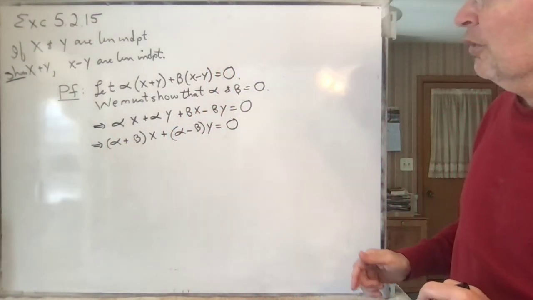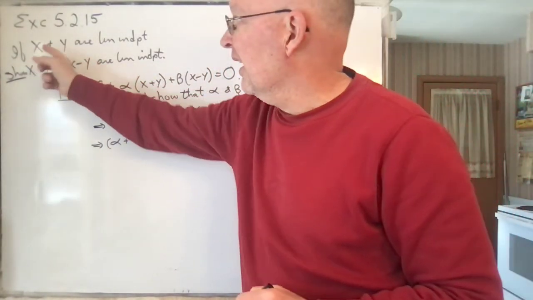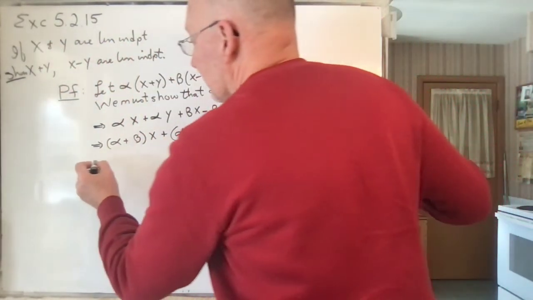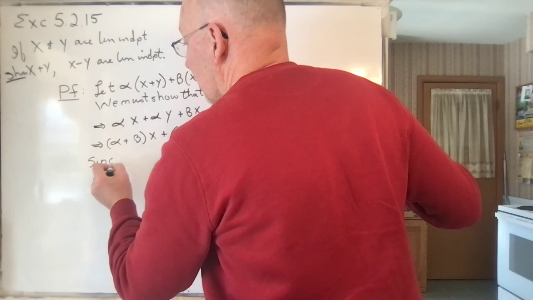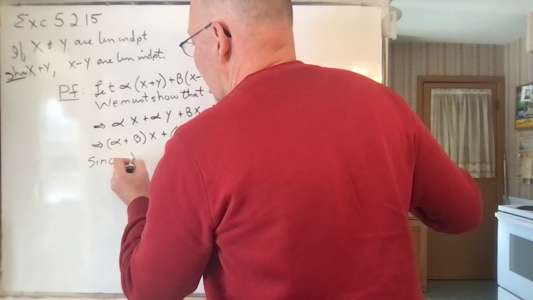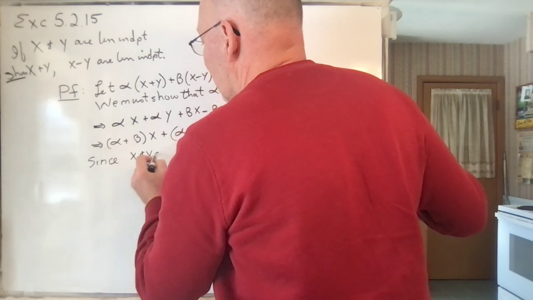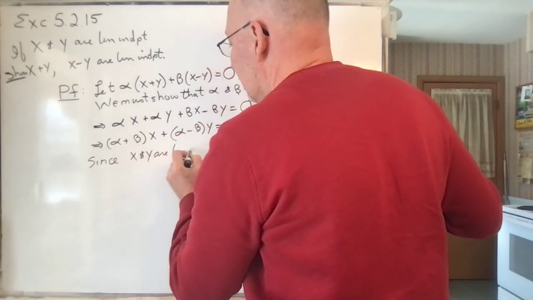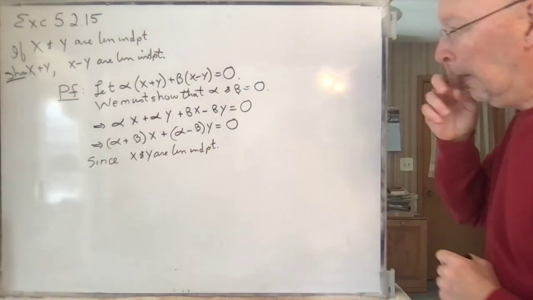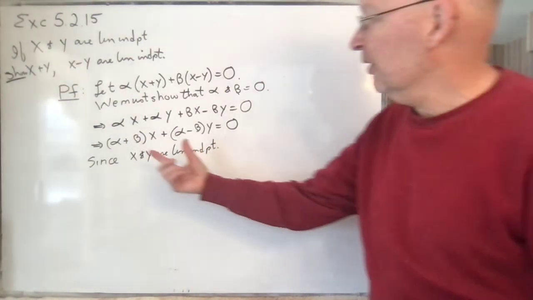Now, look at what we're doing. We are assuming that x and y are linearly independent. So since x and y are linearly independent, that is, they form a linearly independent set, I know what's got to be true.